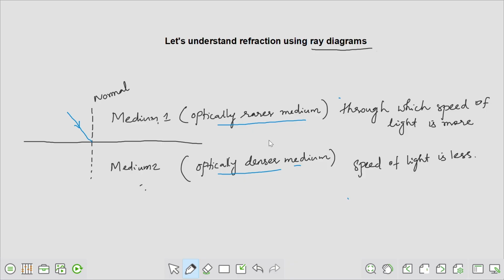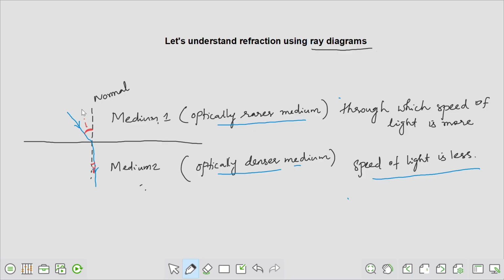Now we should know whether it bends towards the normal or away from the normal. In this case, it will bend towards the normal because the speed of light is less. If speed decreases when it enters a different medium, then it bends towards the normal. Now we have the angle formed by the incident ray and the normal, that is the angle of incidence, and the angle formed by the refracted ray and the normal, that is the angle of refraction.